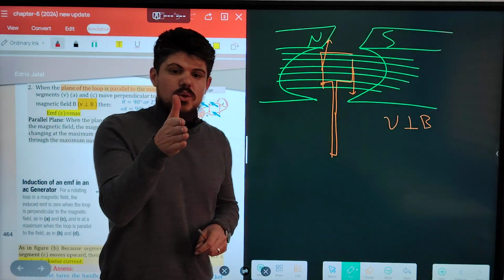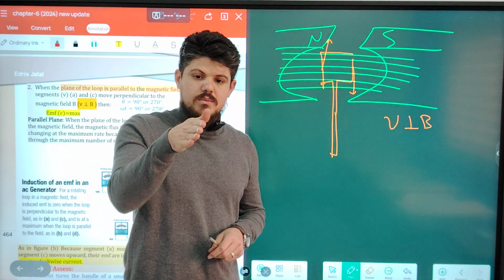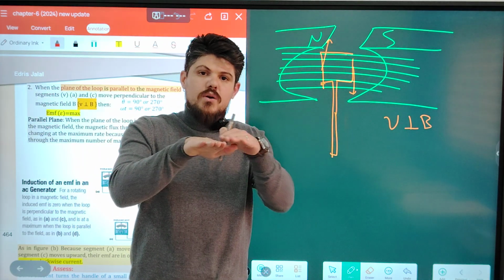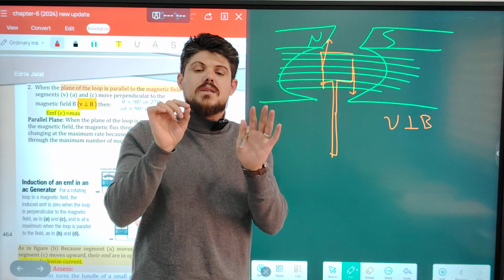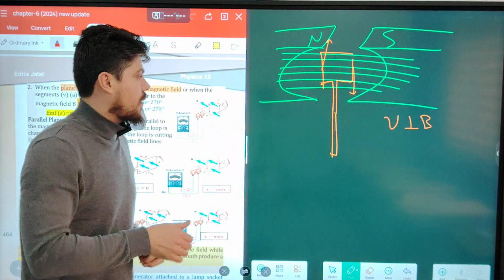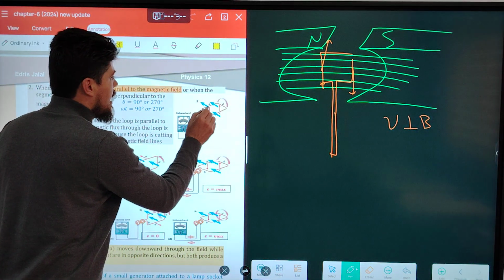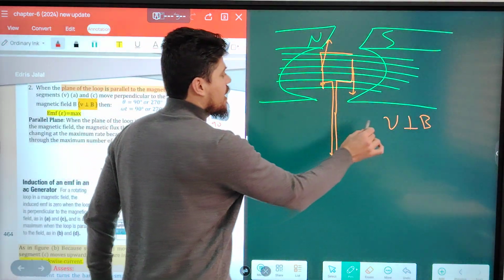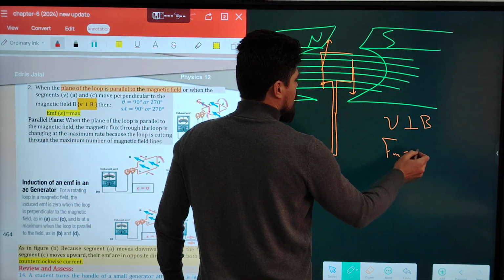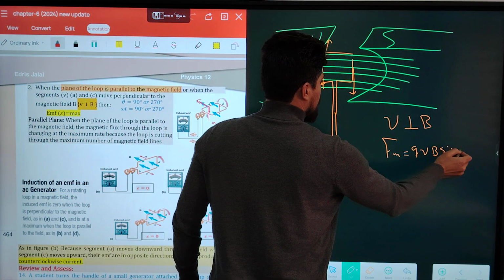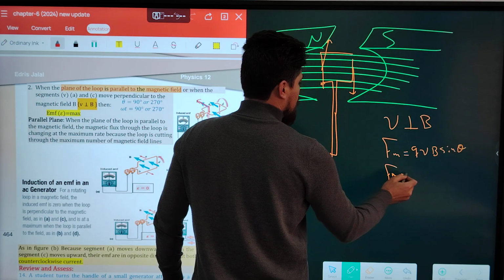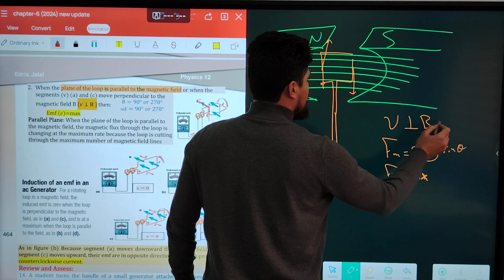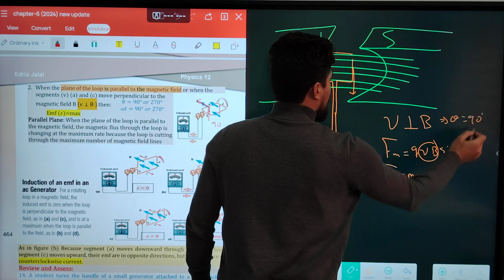Why? Because as the loop rotates and becomes parallel to the magnetic field, the change in magnetic flux becomes maximum. So the angle between the velocity and B is perpendicular. When V and B are perpendicular, the magnetic force, QVB sine theta, becomes maximum because the angle between V and B is 90 degrees and sine 90 is maximum.